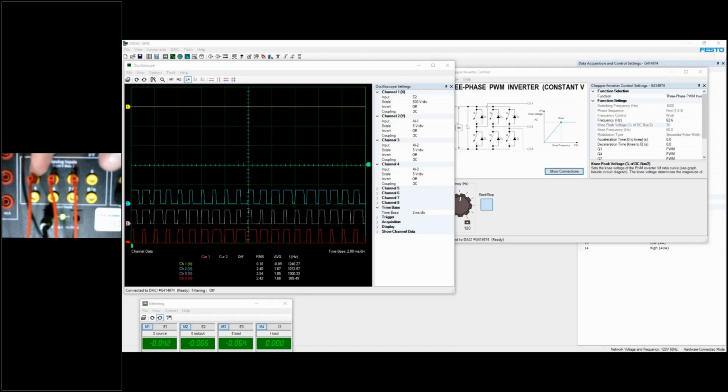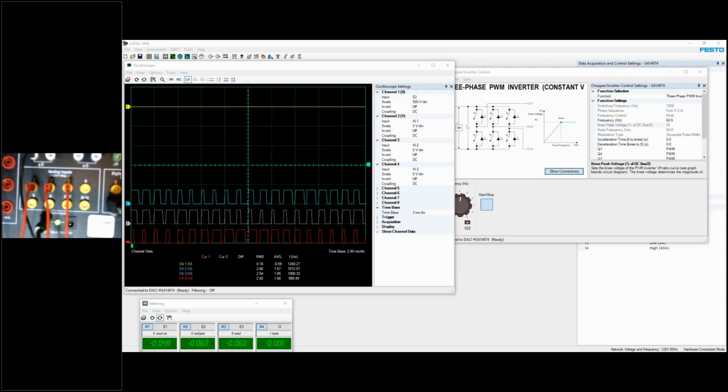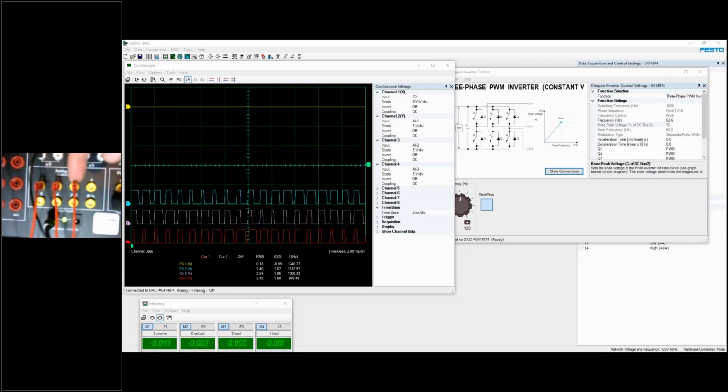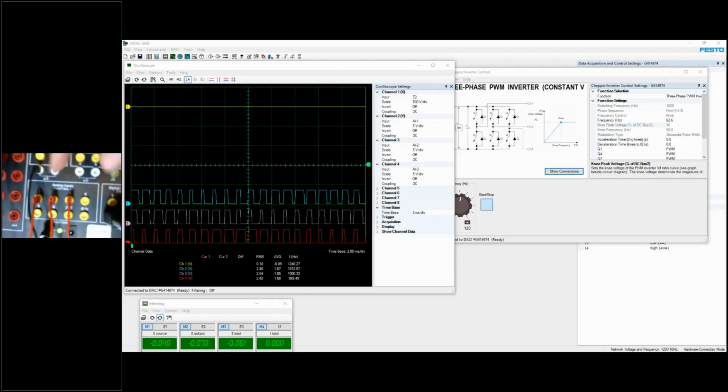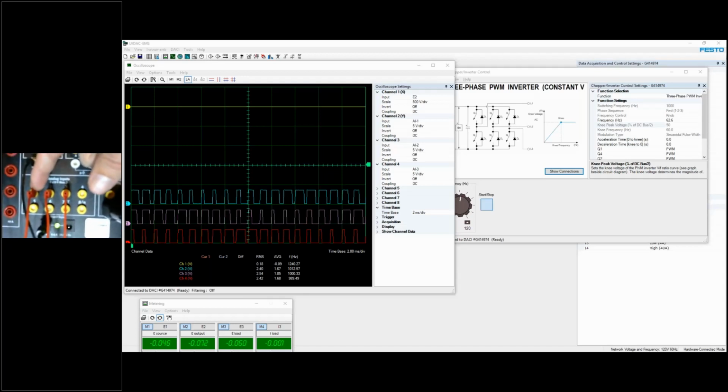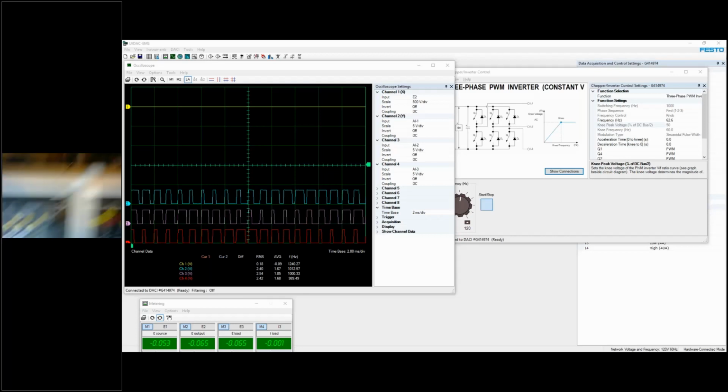So this input is used as the control signal to control the duty cycle in the function of the 4-quadrant chopper that I've shown you. Since the software does not allow you to use any other input, you have to connect it to analog input 1 here. Again, I am using my own signal that I generate from my generator, but you could use any signal generator to feed your control signal here.